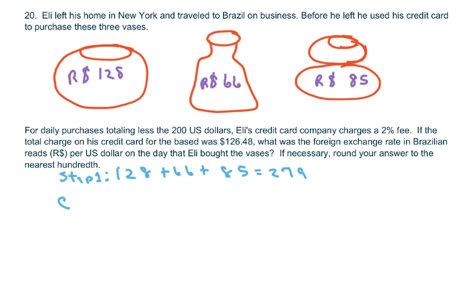We have 1.02, which is like 1 plus 0.02, so we just combine those. Just know that these are the same. 1.02 times your cost equals 126.48. Divide both sides, and your cost is 124.